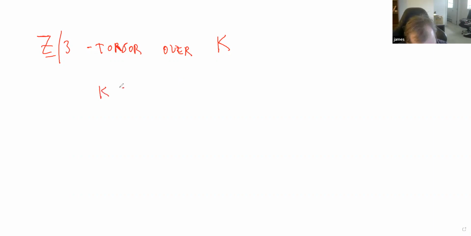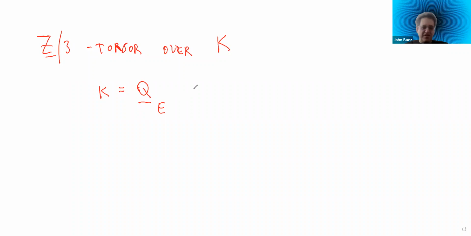K equals the Eisenstein field, which for some reason I'm notating with a little E for Eisenstein. It's the Eisenstein rationals as opposed to the Eisenstein integers.